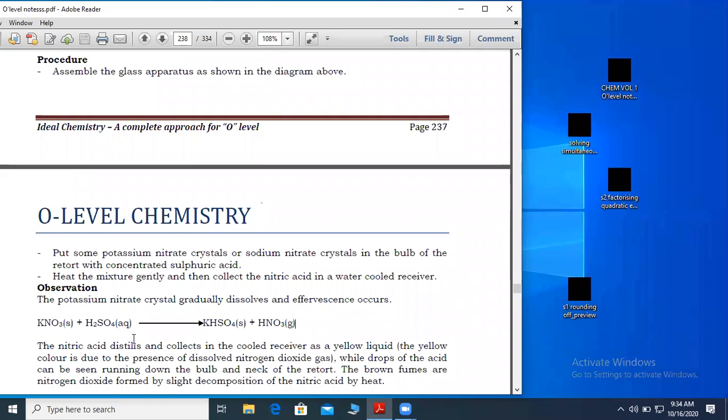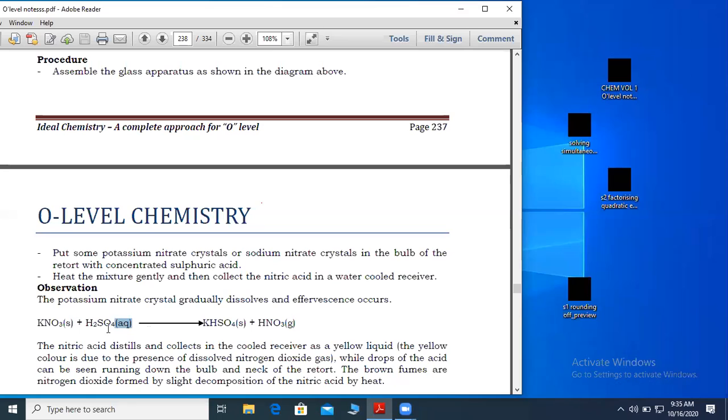So listen to this one also. When you use the state of sulfuric acid as liquid, remember it is hygroscopic or a dehydrating agent. Then the state of potassium hydrogen sulfate should be solid, and nitric acid should be gas. So the states here are not correct.